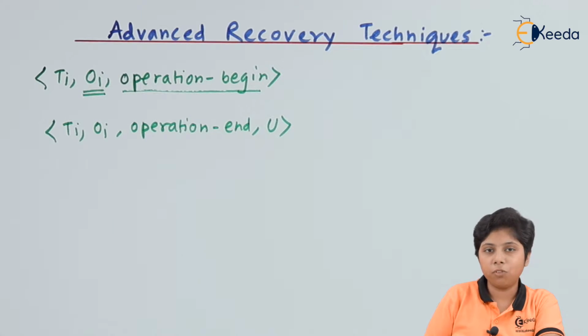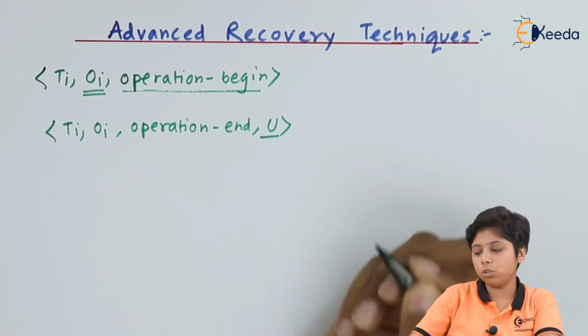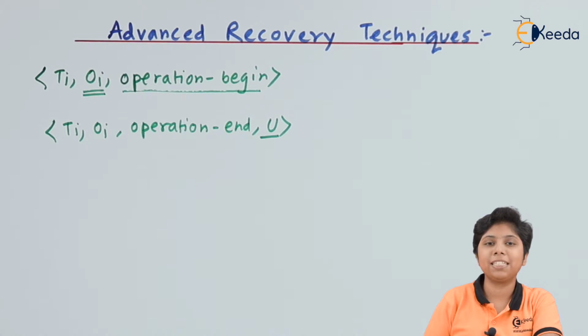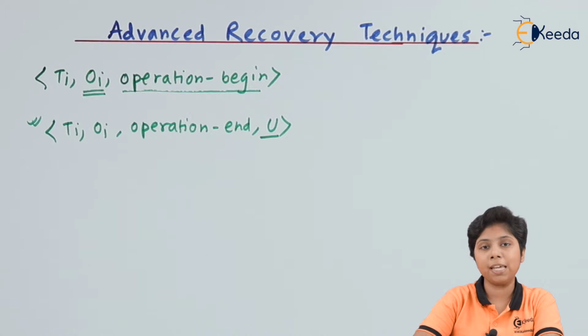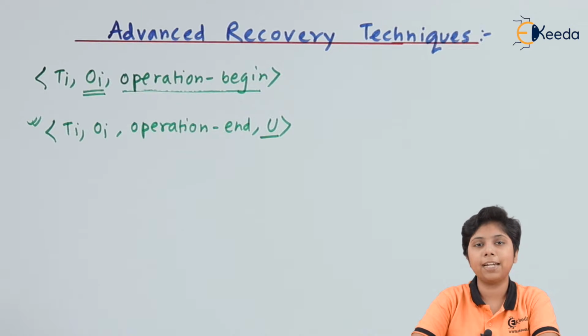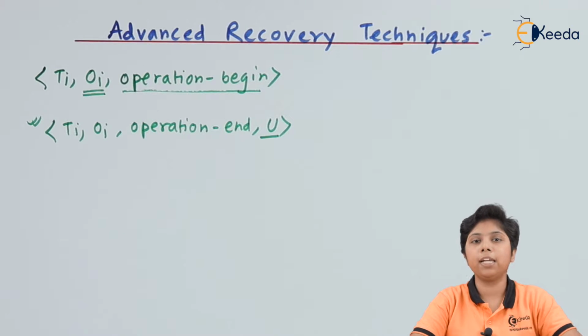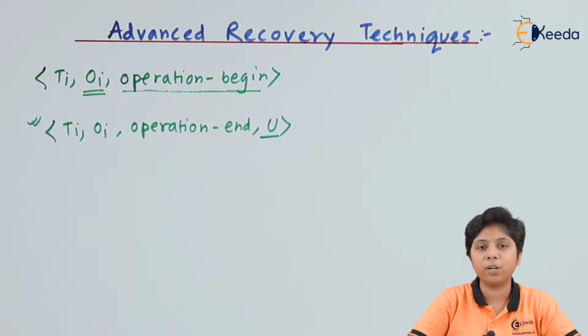At the operation end, we add the undo information to our log record. That means we are specifying that for this transaction, we may have an undo operation associated with this Oi. All the undoing we perform this way is a logical undo, while records that the physical storage maintains are physical records or physical operations.